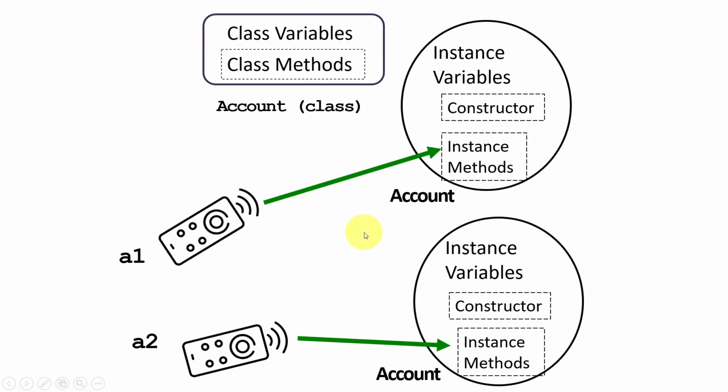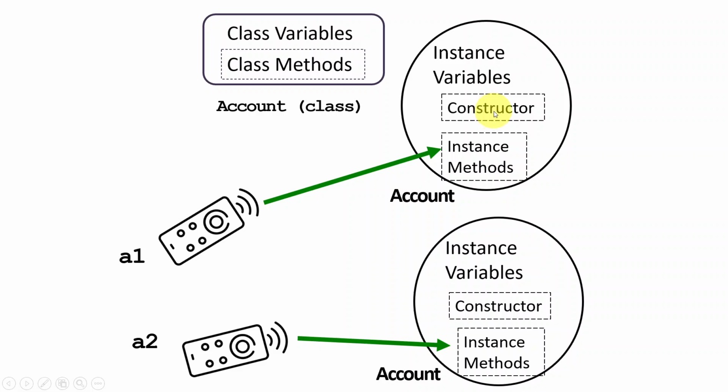And this is the big picture of the instance variables, class variables, instance methods, and class methods. We can clearly see that every object gets its own instance variable values. And since your instance methods refer to the instance variables, we have to consider them very close to the objects.